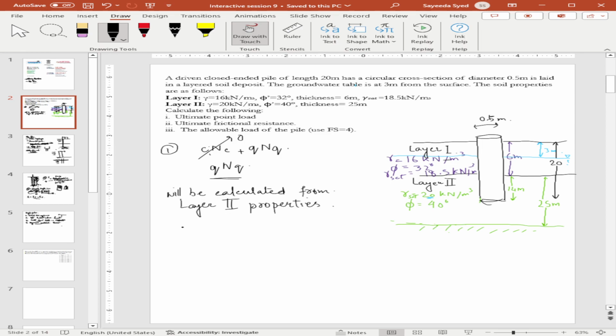The load will be area of the bottom of the pile or the top of the pile multiplied by our qp, point bearing resistance, and our qp will be Nq times q, where q is our overburden pressure.